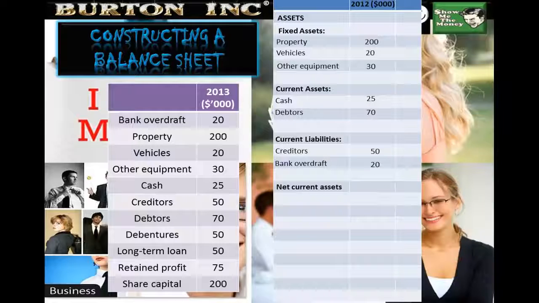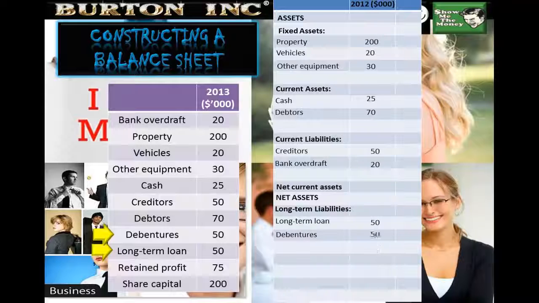I think we will leave this and just calculate it once we've got all our information plugged into the appropriate place in the balance sheet. Net assets comes next. Net assets followed by long-term liabilities. So we're just getting the structure in place. Under long-term liabilities, we have a long-term loan, and we've got debentures there as well. We'll plug those in.